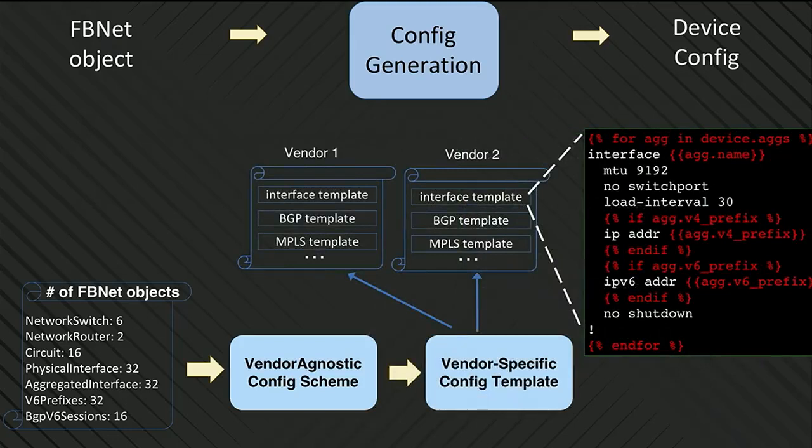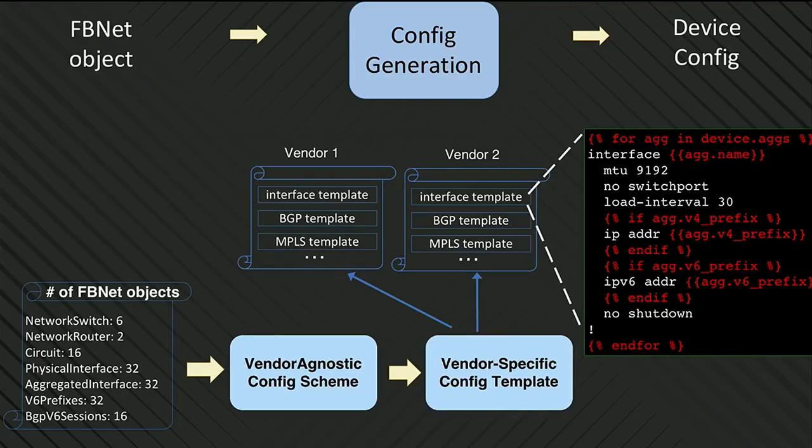This vendor-agnostic config schema is then combined with a vendor-specific config template to generate vendor-specific configs. Here, for example, we have different vendors. Each vendor has its own templates: interface, BGP, MPLS. Here I show an example of an interface config template from a specific vendor.